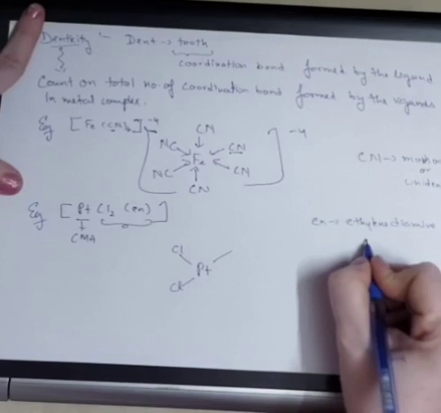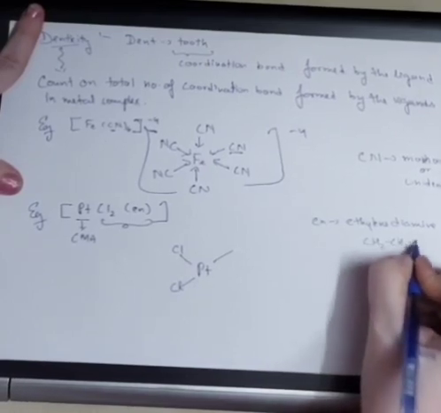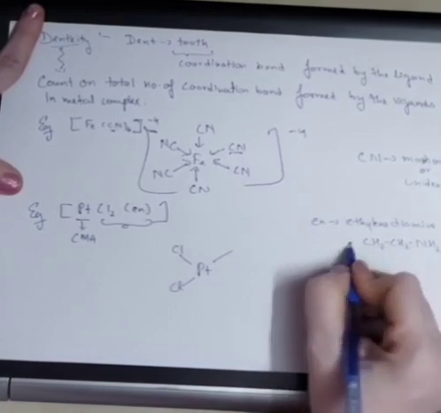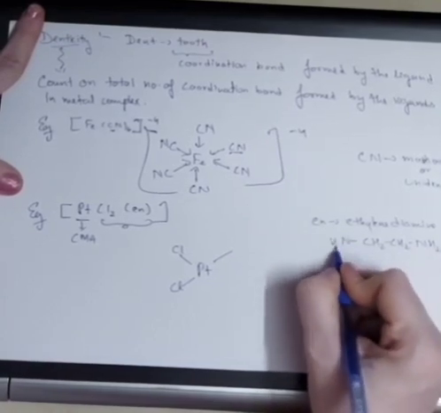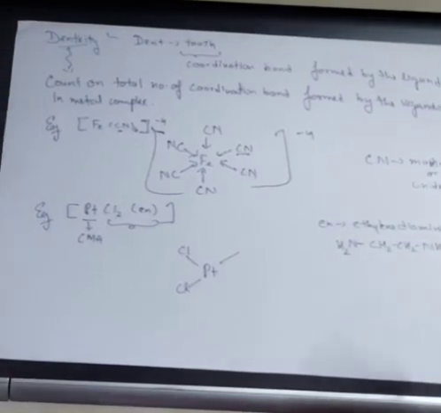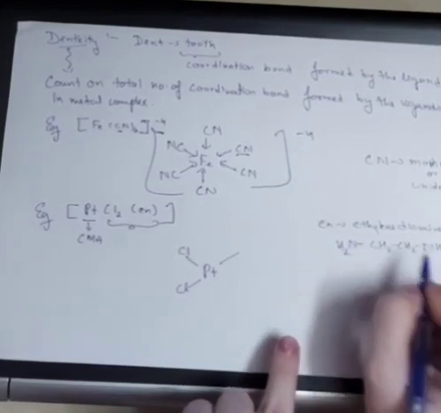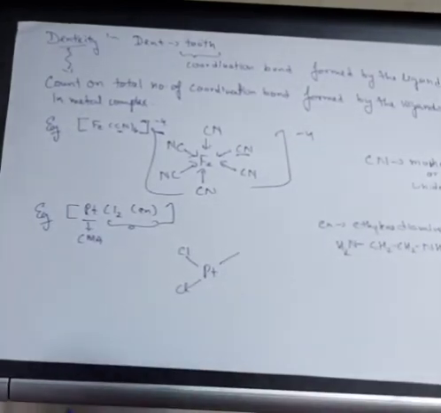The structure is CH2, here NH2 and here NH2. The structure is very easy to remember. Ethane, you know that each of the carbon in ethane has 3 hydrogens. So if you remove one hydrogen and put an NH2 group on both sides, it is our ethylene diamine.